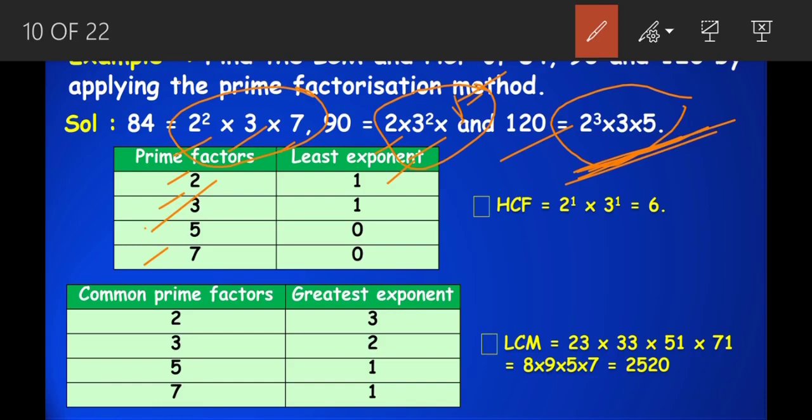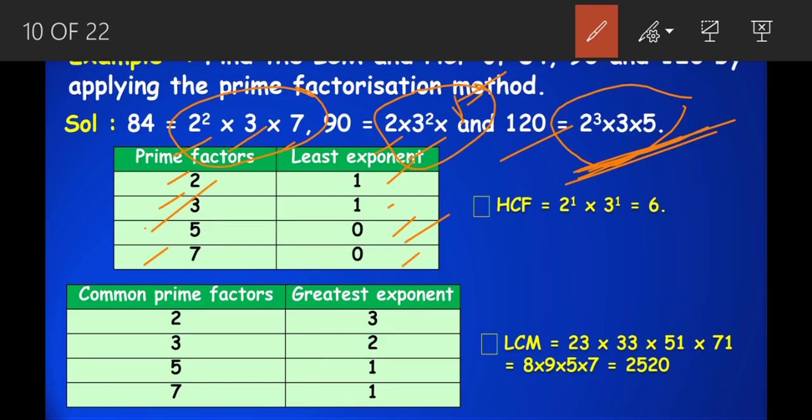Like that, 3 also 1 time. 5: in the number 84, there is no 5, means it occurred 0 times. 7: in the expansion of 90 and 120, there is no 7. So it occurred 0 times.